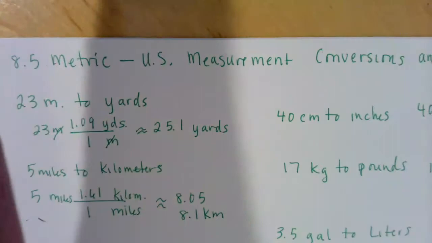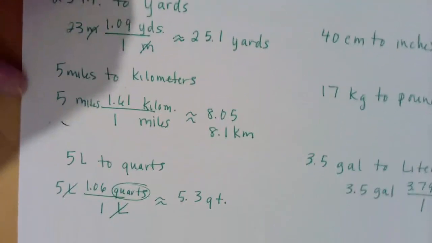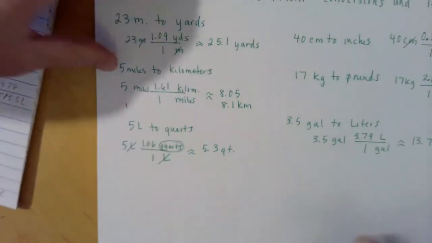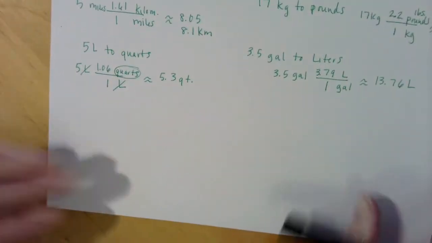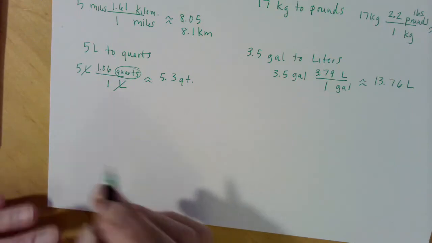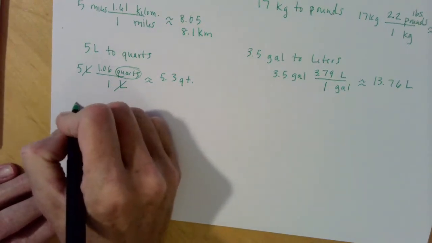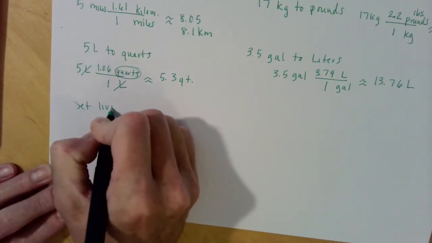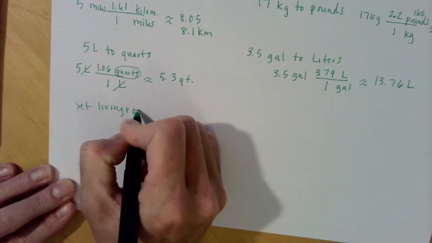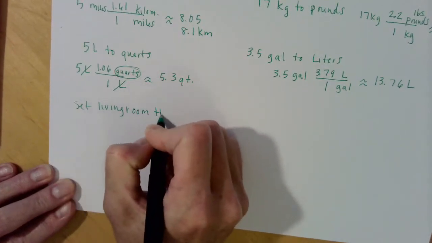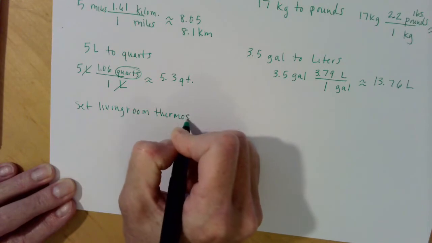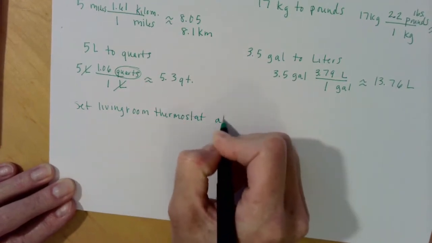So this is what they're going to do. They will say, for example, that you should set the living room thermostat at, and then they give you a choice.